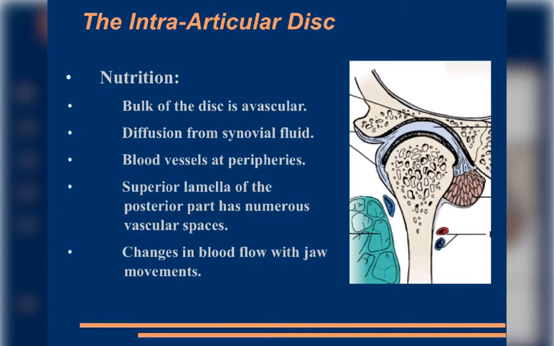Nutrition, where the disc gets its nutrition. The majority of the disc is avascular, and we know that the main source of nutrition comes from blood. But because the majority of the disc is avascular, we need another source of nutrition. There are blood vessels in the peripheries, and this is a source. But this is not enough, so we need another source.